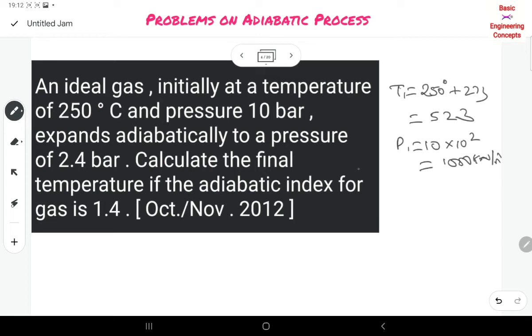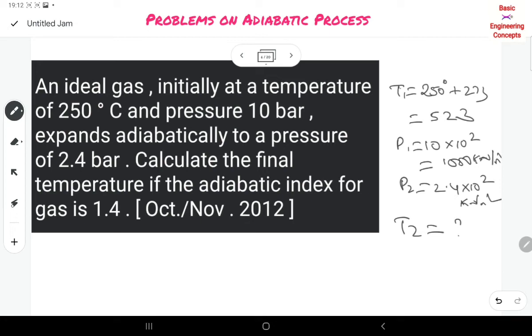The final pressure P2 is 2.4 bar, that is 2.4 into 10 square kilonewtons per meter square. They ask us to calculate the final temperature, that is, what is T2?